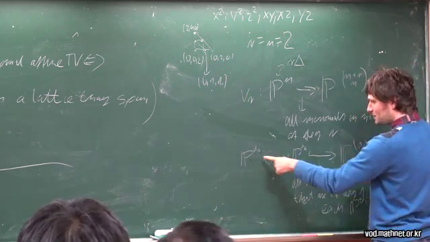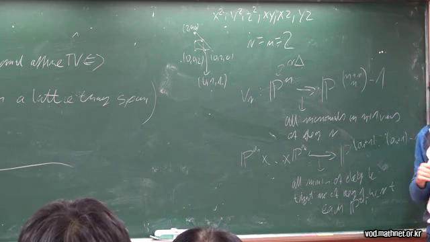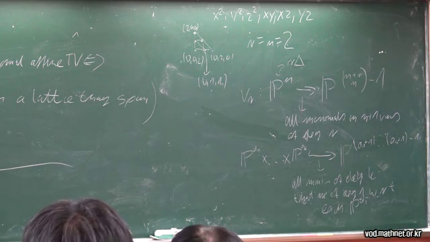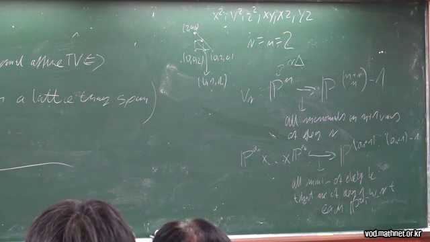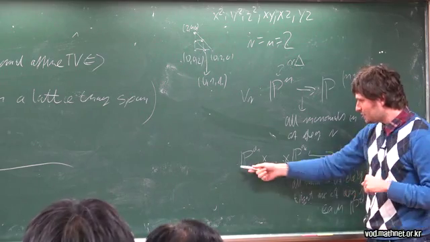So you pick a variable here, pick a variable here, pick a variable here, and you multiply them. Okay, so how can we look at it?